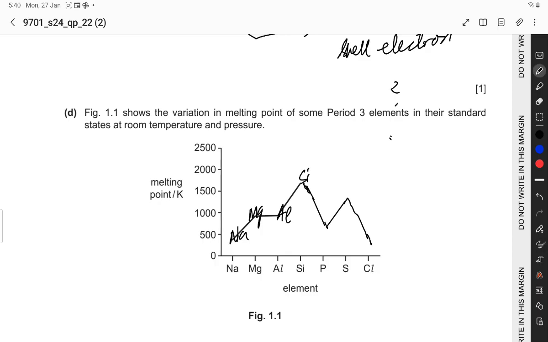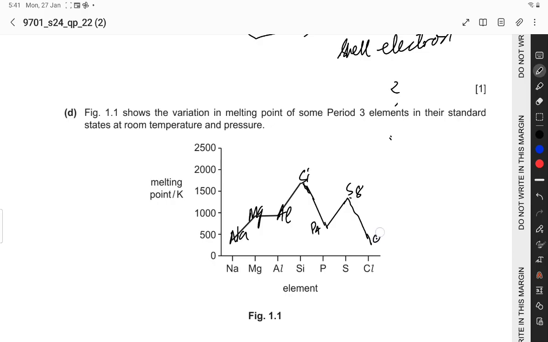Why is it so? Because phosphorus is P4, sulfur is S8, and chlorine is Cl2. You know that the melting point, a physical property, depends on the number of electrons.